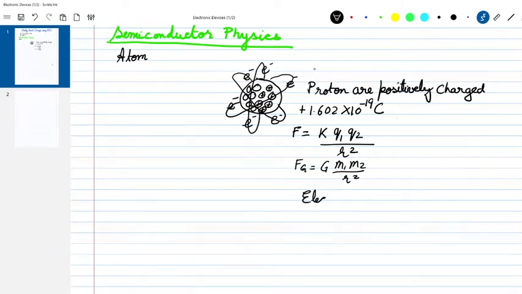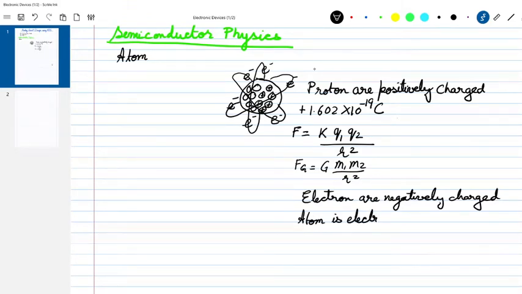Electrons are much lighter than protons and are negatively charged. If there are equal numbers of protons and electrons, then the atom is going to be electrically neutral.